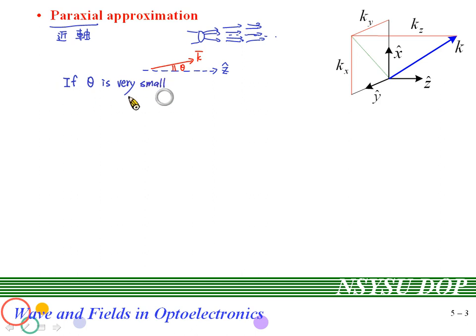For this situation, we can treat the wave under the paraxial approximation, and we call such a wave a paraxial wave.